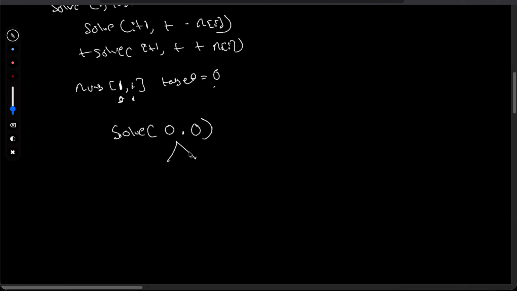So we have two choices, minus or take. If the number at the index is 1, then 0 minus 1 is negative 1, and 0 plus 1 is 1.